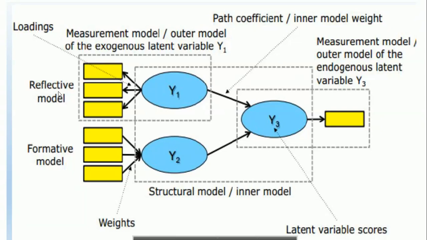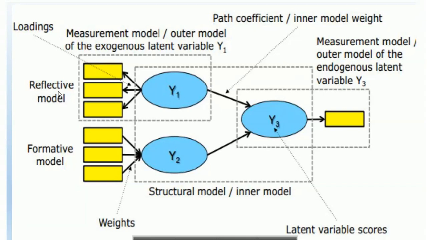Conceptually, a reflective measurement model happens when the indicators of a construct are considered to be caused by that construct. For example, in an intelligence test, if you are more intelligent, you have a high probability of getting the correct answer to the question.